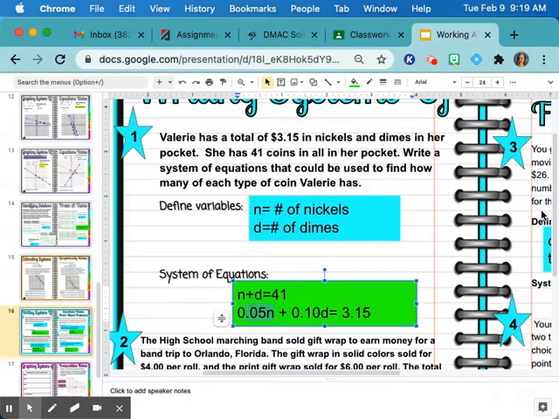So let's do it in our journal so that you don't have to worry about typing anything in. Let's just do, this is slide 16. Solve systems with word problems. I'll show you mine in just a sec.